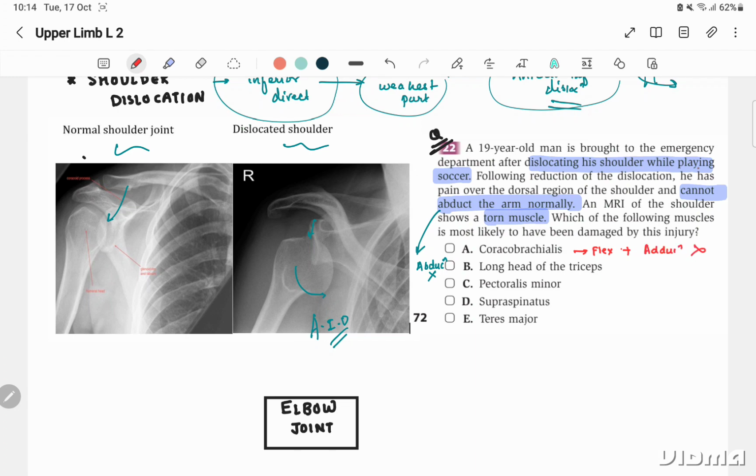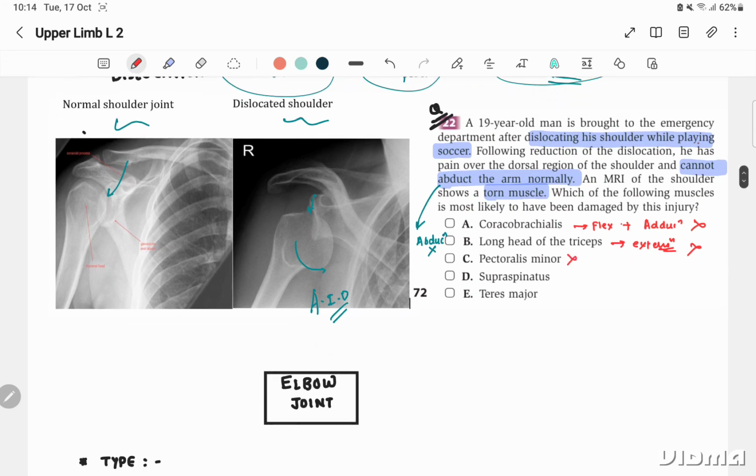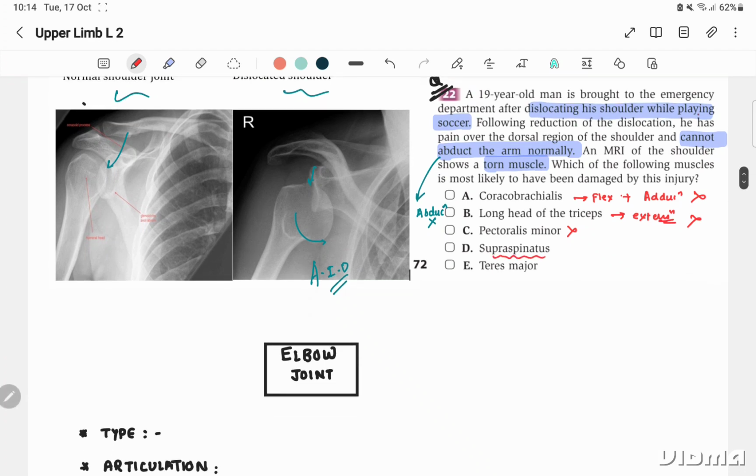So this is likely not damaged. Then the long head of triceps. The long head of triceps functions in extension and also extends the elbow, so this must not be it. Pectoralis minor is not involved in abduction. Supraspinatus is the abductor.